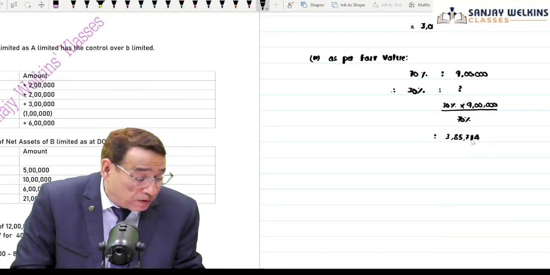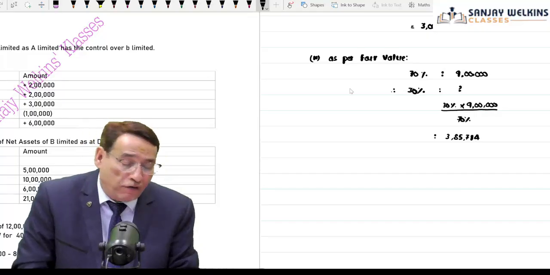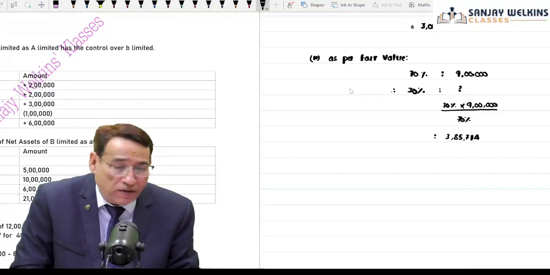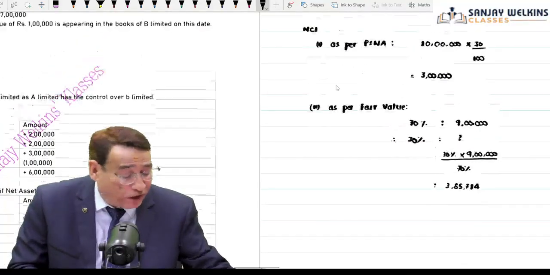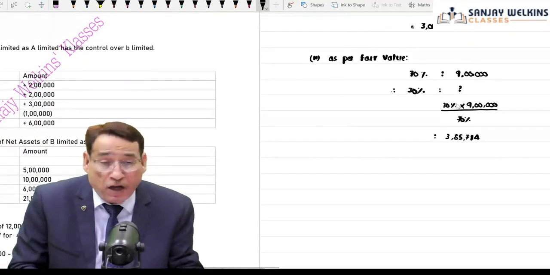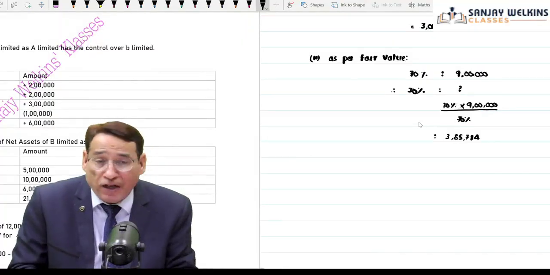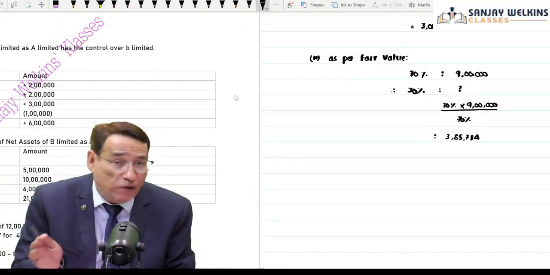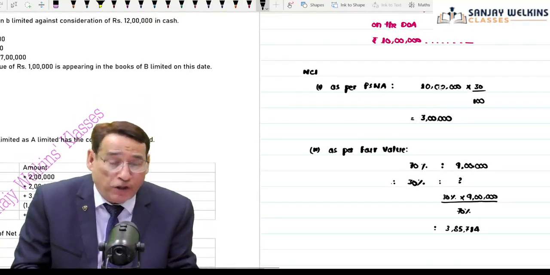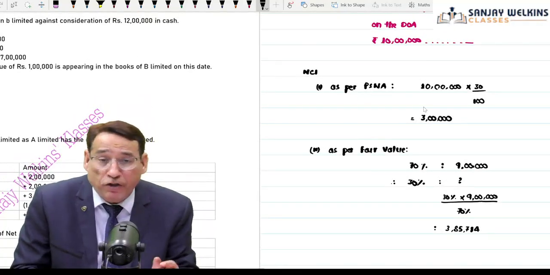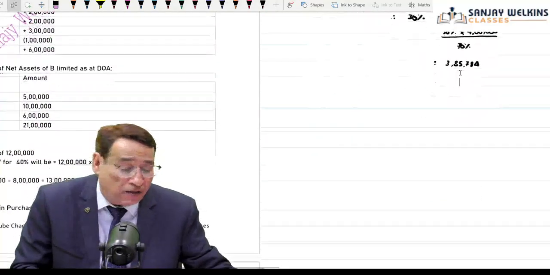Of course, when you adopt the fair value approach or the PSNA approach, your answer will not be similar. Your answer will be different. Correct? So as per fair value approach, we may say that out of total net assets, 3,85,714 worth of assets belong to NCI on the date of acquisition, while as per PSNA approach, out of 10 lakh, 3 lakh worth of net assets belong to NCI. Is it clear to you?